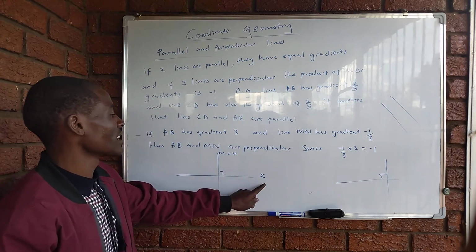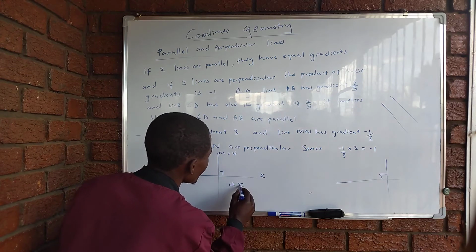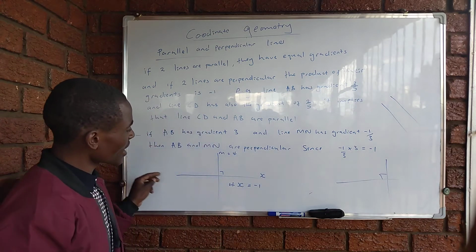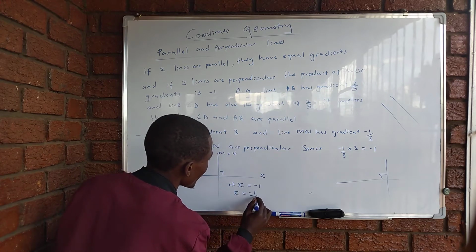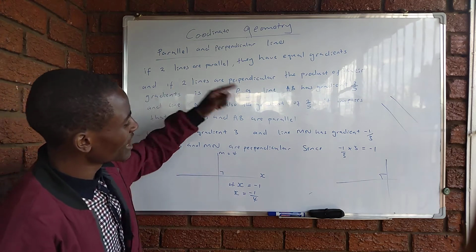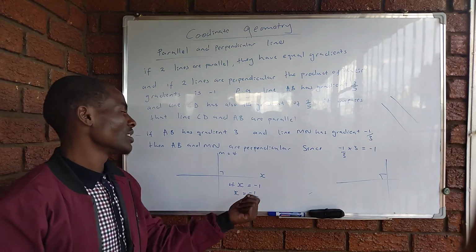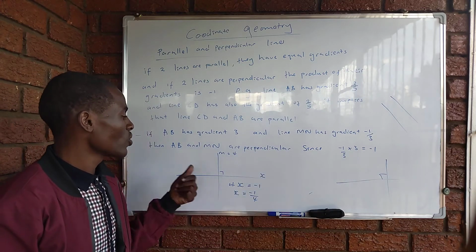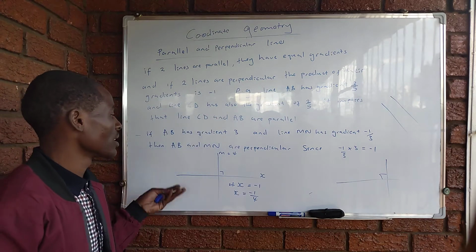Saka 4 times x, 4x should be equal to minus 1. Saka x, which is the gradient of this line, is equal to minus 1 over 4, right? Saka ukapiwa gradient re one line, unongo multiply the unknown value, which means the gradient of the other line, to get minus 1. So you can make x up to the formula, x is the gradient of another line perpendicular to this one. Simple.